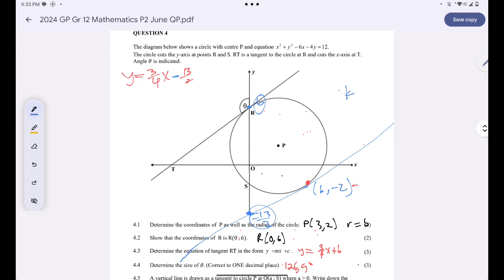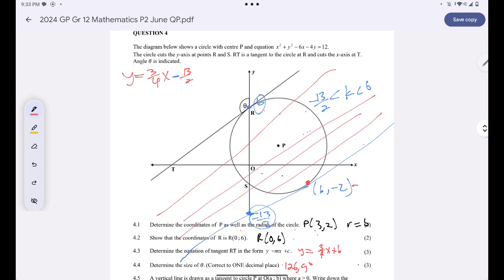So that simply means the value of k should be any number that is between negative 13 over 2 and 6 for us to have a secant. As long as the y-intercept is between these, then we can have a secant to our graph.